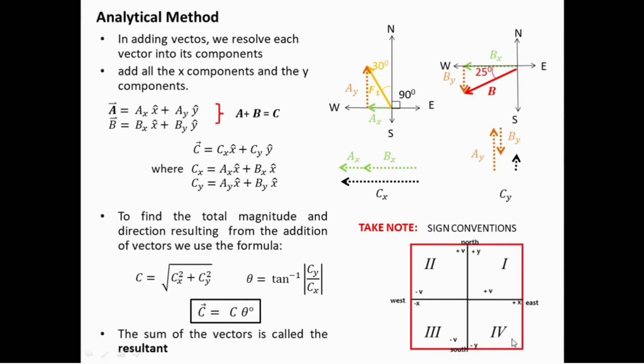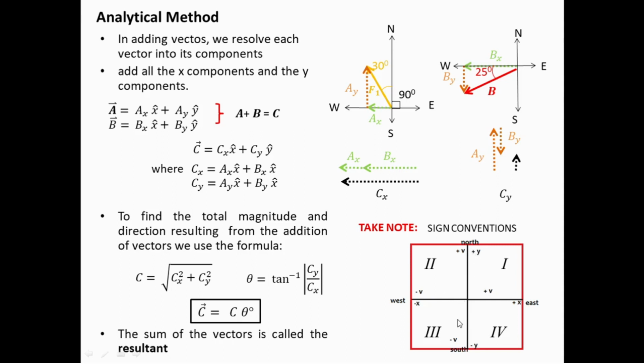And aside from that, you have to take note of the sign of the x and y components on each of these quadrants. Say for example, in the first quadrant, if your resultant vector is found in the first quadrant, that means that the resultant vector must have positive x component as well as positive y component. If your resultant vector is found in the second quadrant, that means that it has a negative x component and positive y component.